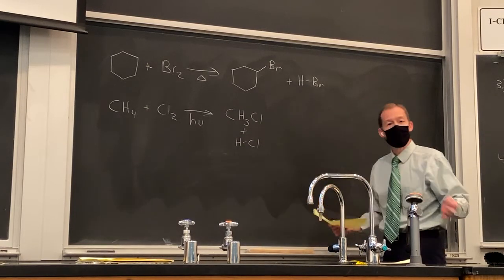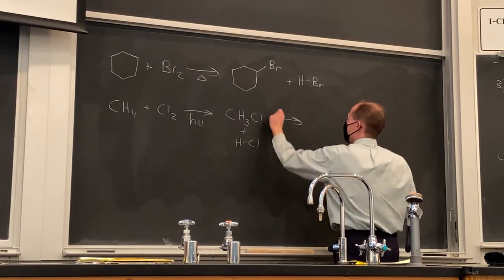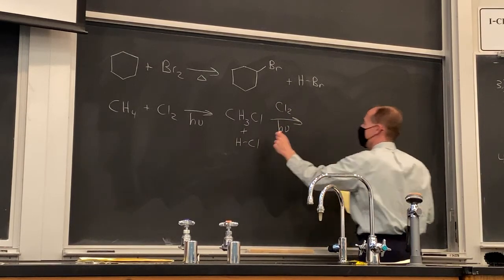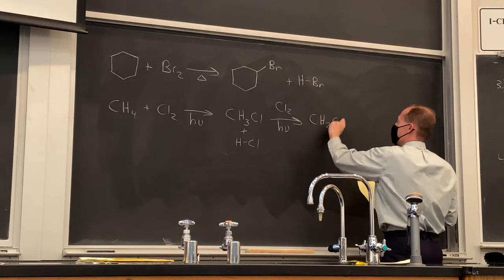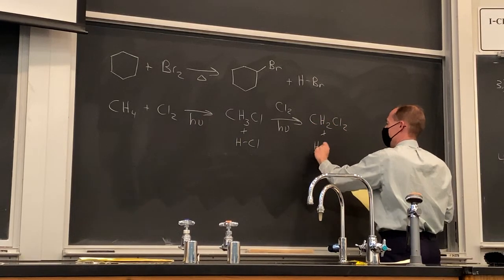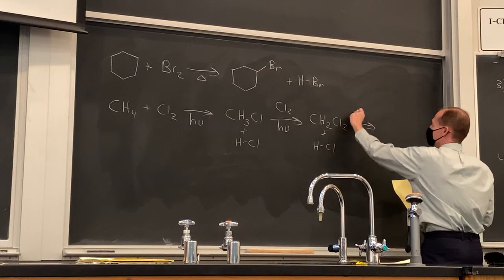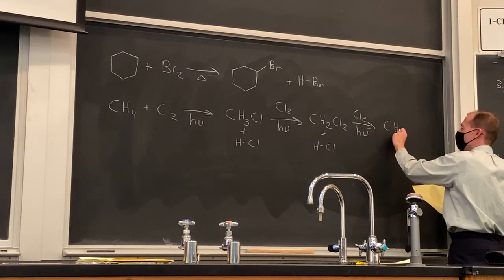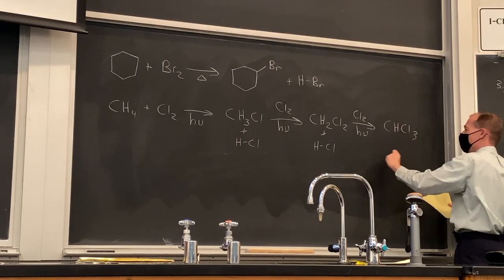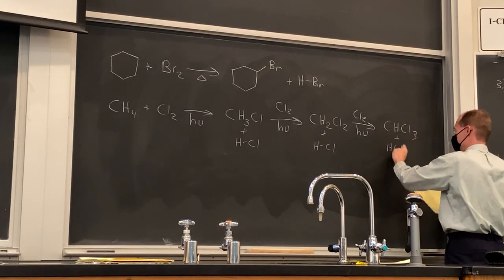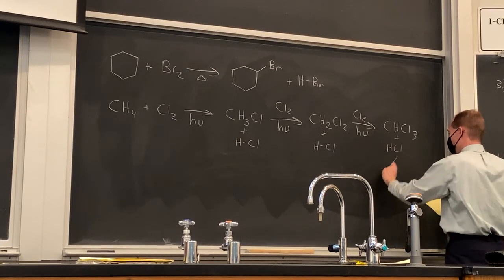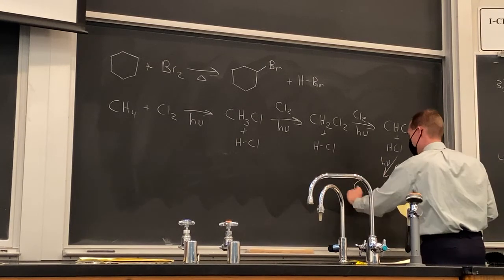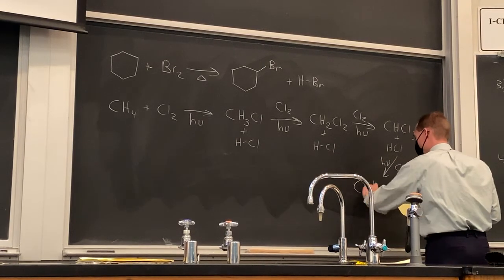But we can also chlorinate the product. Okay, the chloromethane could also react with chlorine in the presence of light. That's going to give us dichloromethane and another equivalent of HCl. And the dichloromethane could react further to generate chloroform, which could react further to generate carbon tetrachloride.